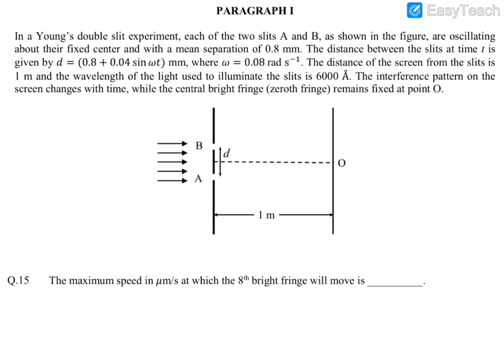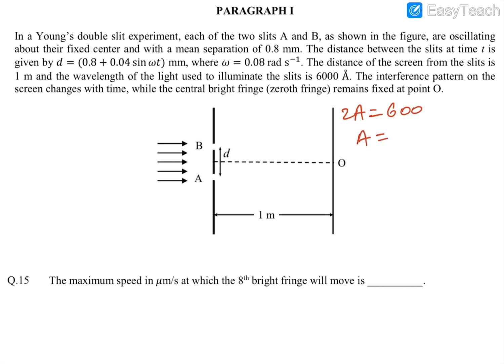Now in this second part of the question, we have to find the maximum speed with which the 8th bright fringe will move. We have already calculated in the previous question, question number 14, that the maximum separation between two extreme positions, which is twice the amplitude, was 600 micrometer.